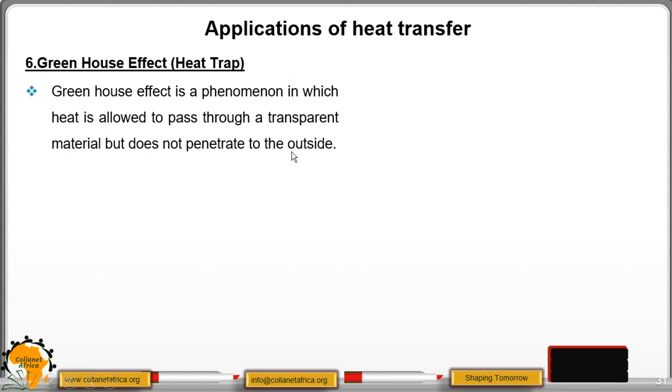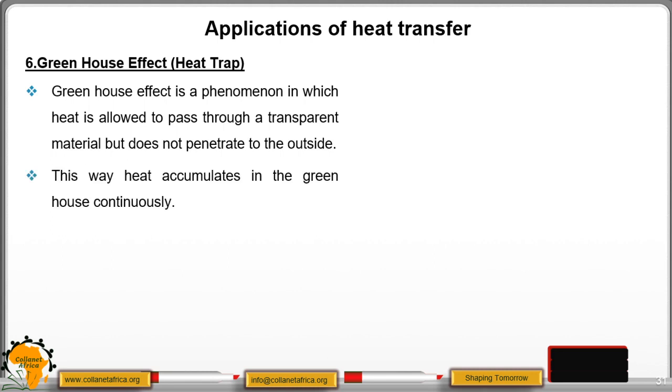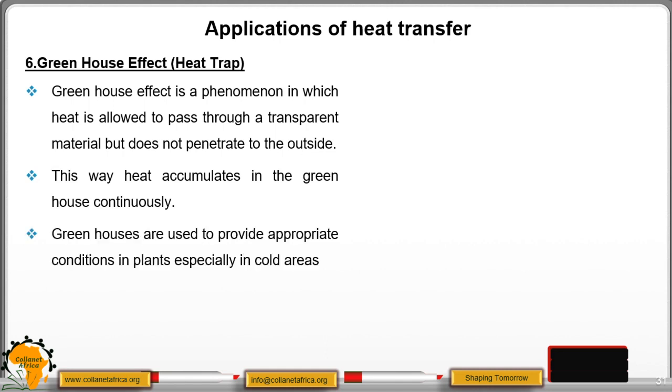So the radiant heat from the sun is able to penetrate, but the heat that is produced by the plants cannot move out. So there is accumulation of heat inside the house, and this provides appropriate conditions for the plants to grow, especially in cold regions.